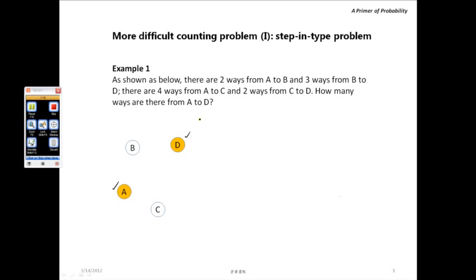Next, what might be our method? Since traveling from A to D is a one-step job, we may conclude that the addition method of counting should apply.